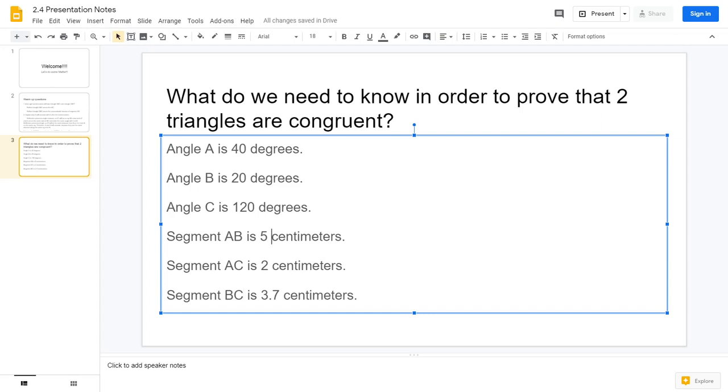If it says centimeters, we have centimeters here. I just wanted to give you some sort of unit. Just type a 5 or a 2 or a 3.7 in GeoGebra if you are using that information. Okay? So I'm going to give you a second to pause the video, go to GeoGebra, start making that triangle, and come on back when you are done.